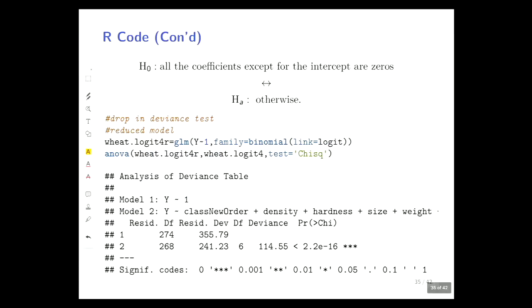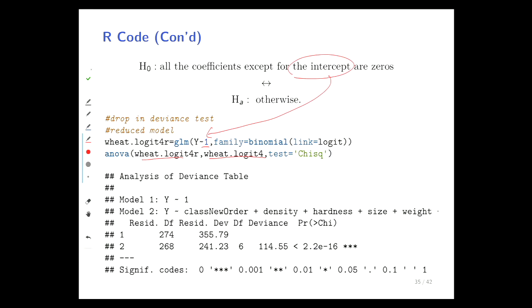Because we are testing all the coefficients except for the intercept, the reduced model is the model with only the intercept. And then the next step for this drop-in deviance test is to compare the deviance of these two, and we use the chi-square distribution to compare the test statistic.